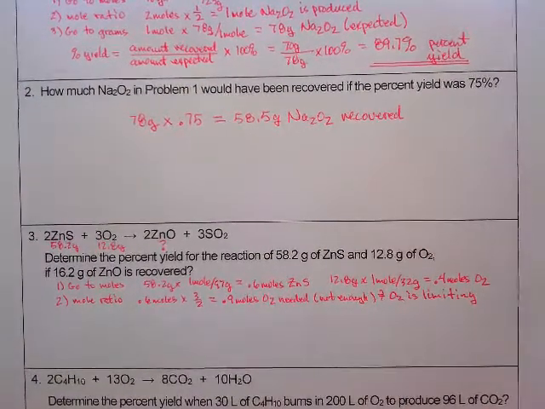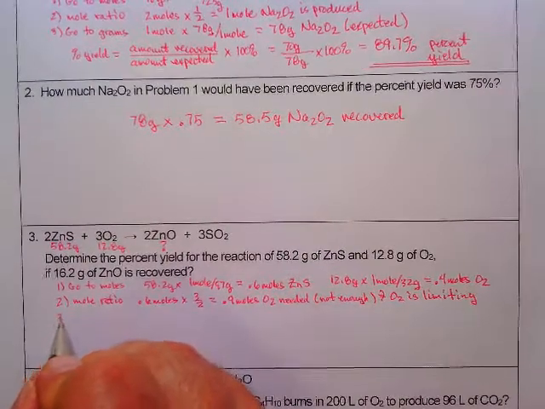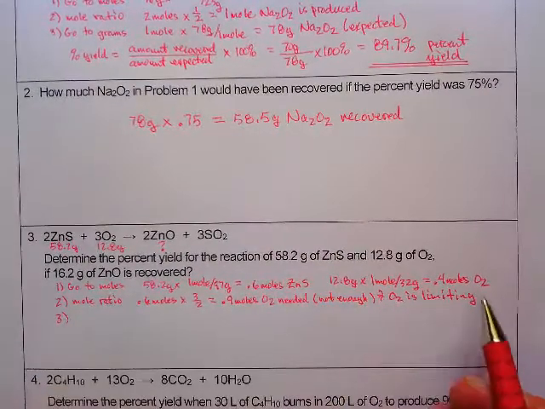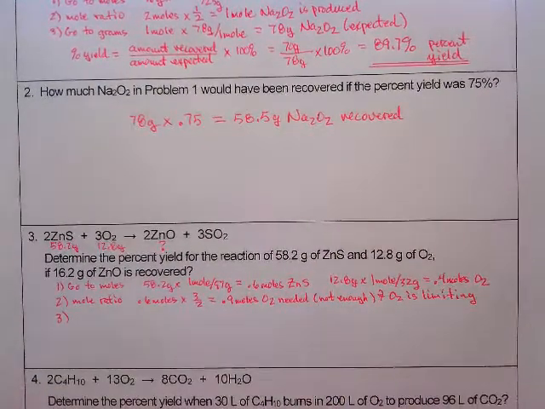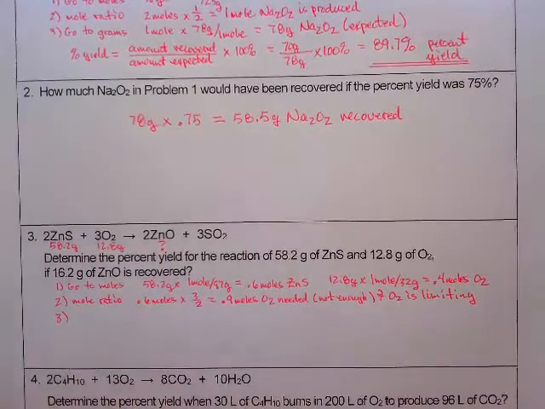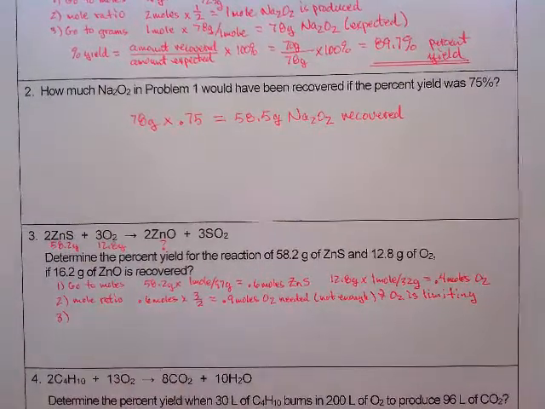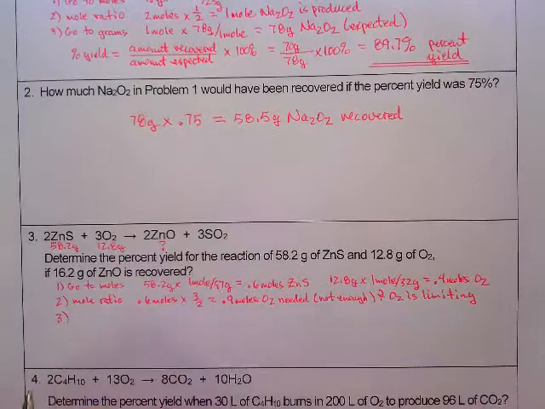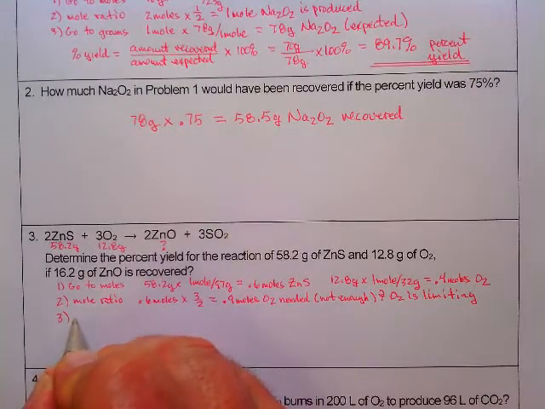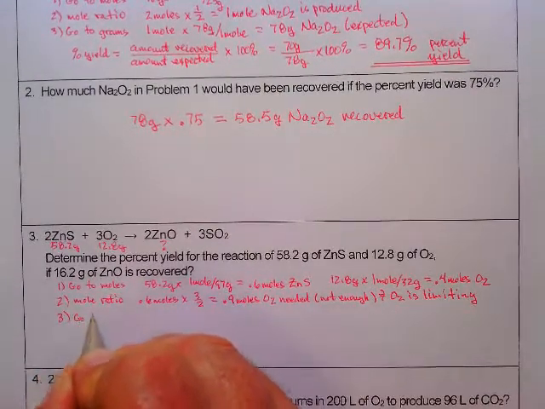So now that I know that, it's the O2 that I'm going to use to find out my ZnO, my zinc oxide. So I'm going to take the 0.4 moles. Let's see, we're going to go to grams.